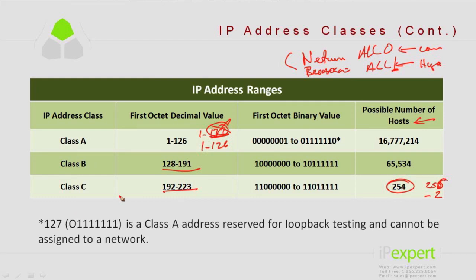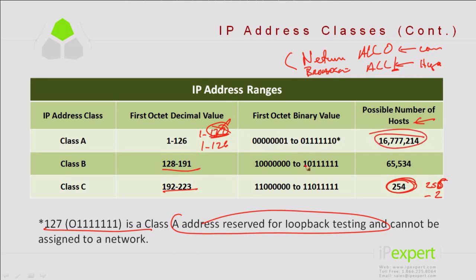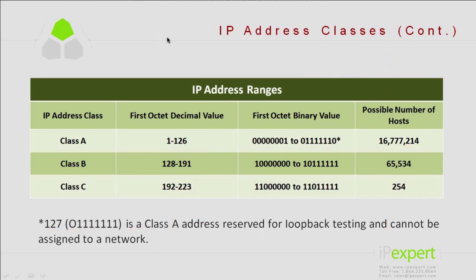We can also see 127 is a Class A address reserved for loopback testing, and we can't assign it to a specific device. So we go anywhere from 254 all the way up to 16 million hosts in our configuration. Very handy to know, and also really important to know how to extrapolate it.